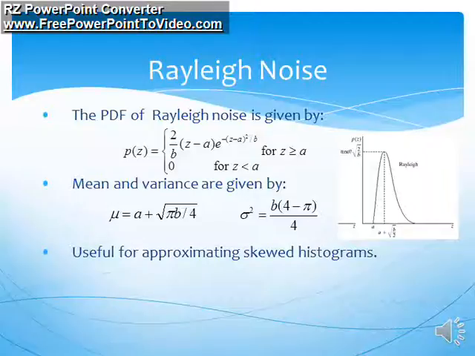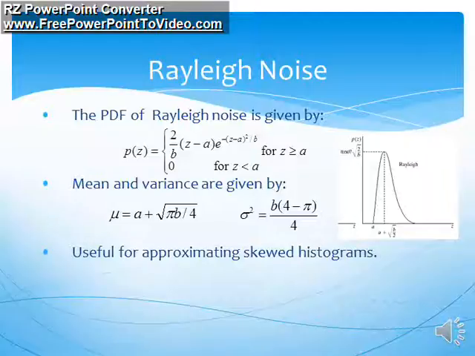So if we want to discuss the probability density function or PDF of Rayleigh noise, that is given by p(z) equals 2 by b (z minus a) multiplied by e to the power minus (z minus a) square by b. This is for z greater than or equal to a, and if z is smaller than a, then the value should be equal to 0.